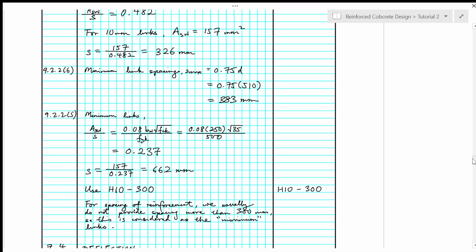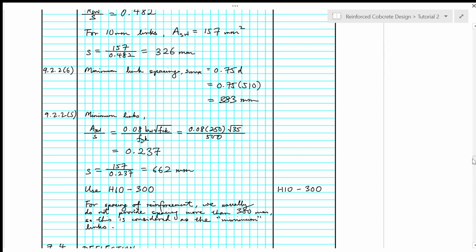Why don't we use 325? As I mentioned, we use multiples of 25. Because in design, normally we specify maximum spacing of 300 mm for all the reinforcement.